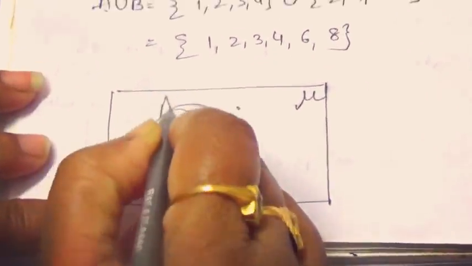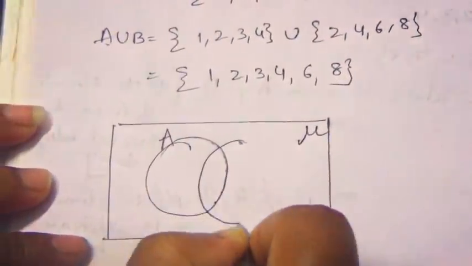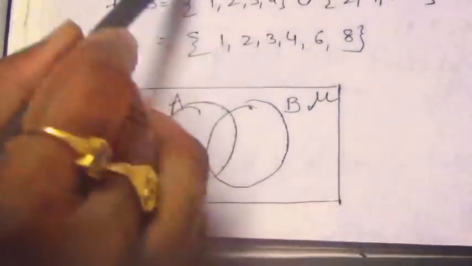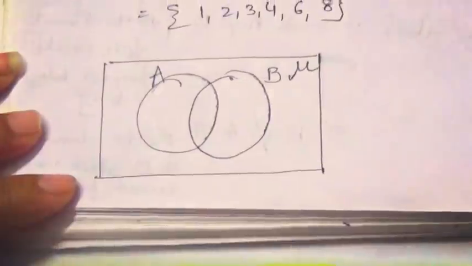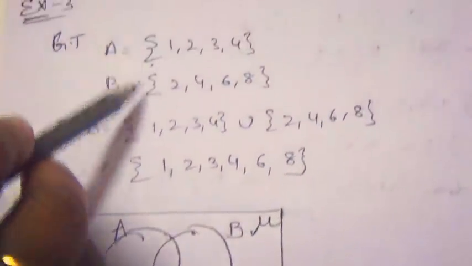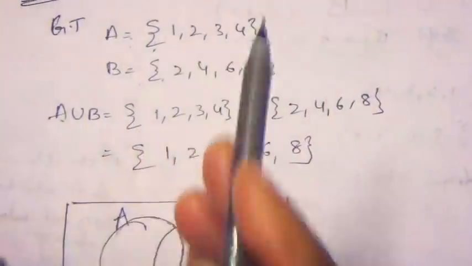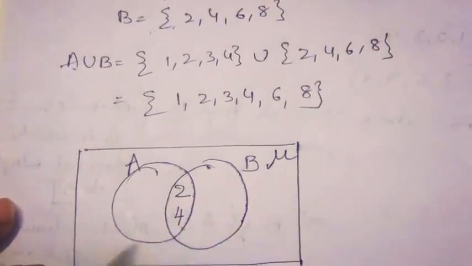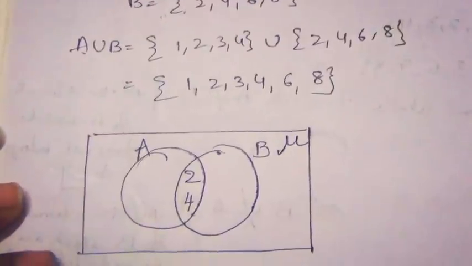So this is A set, this is B set. First of all, in both the sets, what are the common elements? 2 and 4, right? That 2 and 4 you have to write here. Common elements.